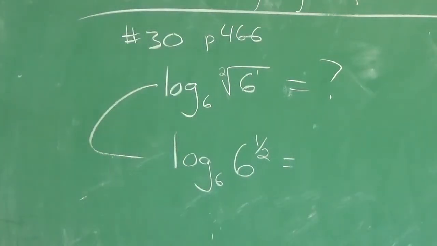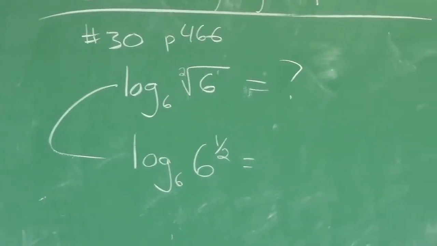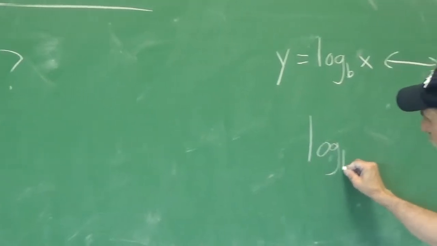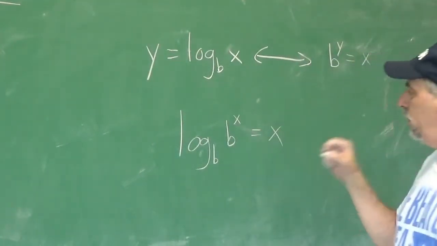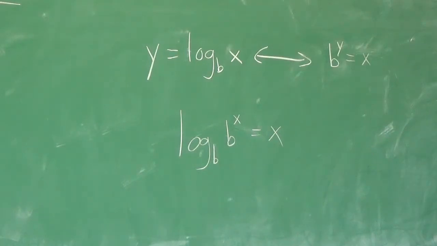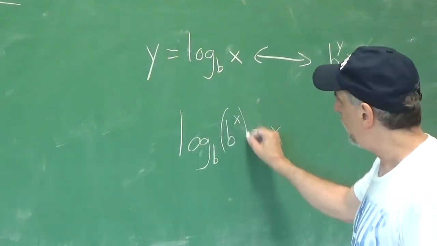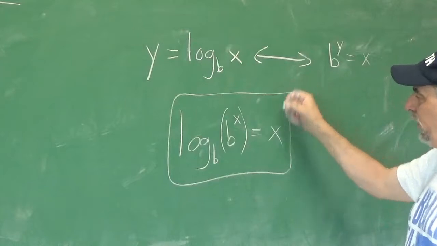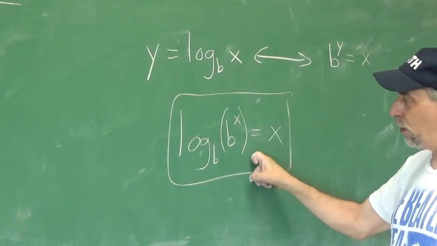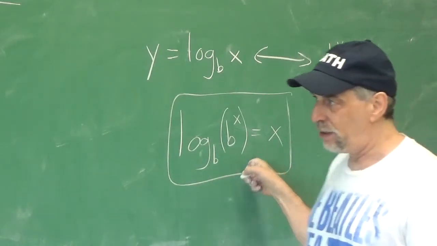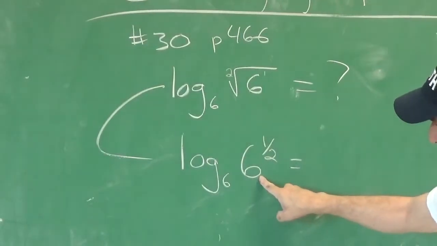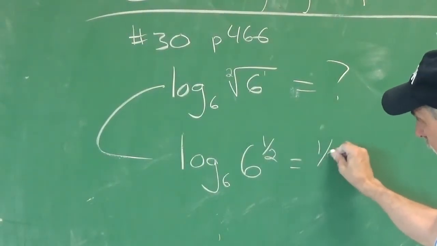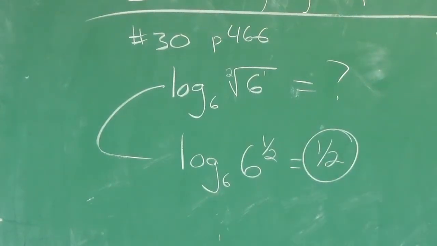Now this is a very nice property that we like to see whenever we see logarithm base b of b raised to something. It's just that something. Okay, so this is a very nice, friendly property. We use this a lot. We want to create this situation whenever we can. We've done that here. Base 6, exponent is 1/2. So our answer is 1/2.